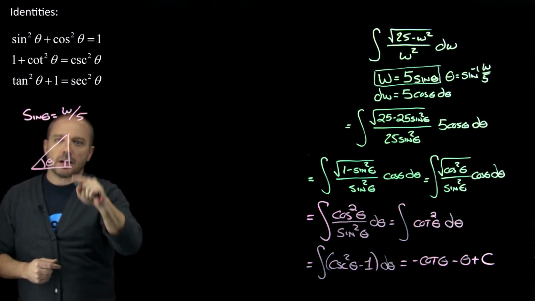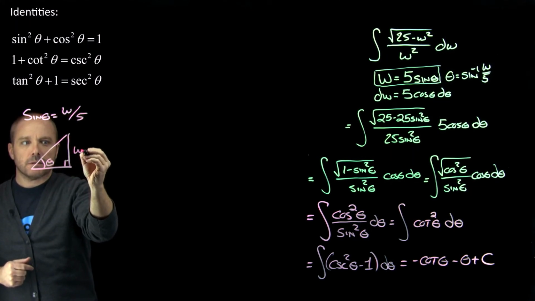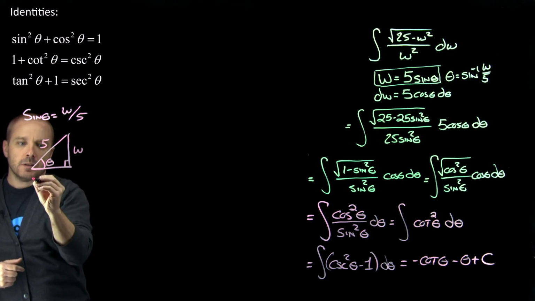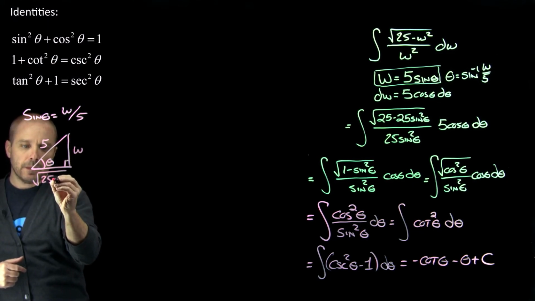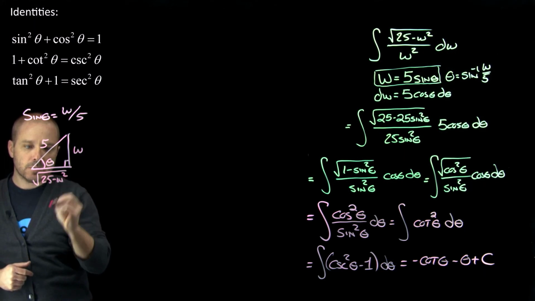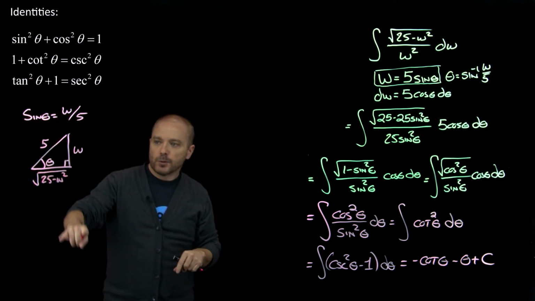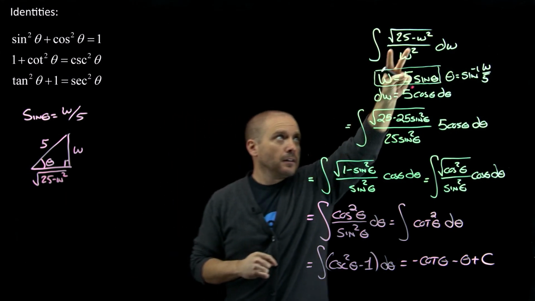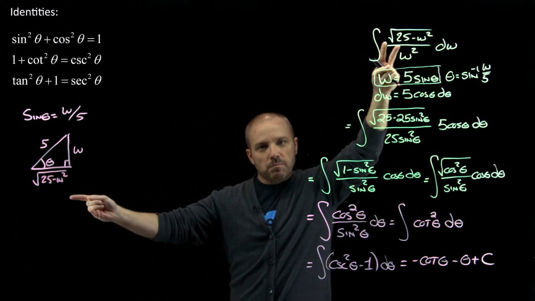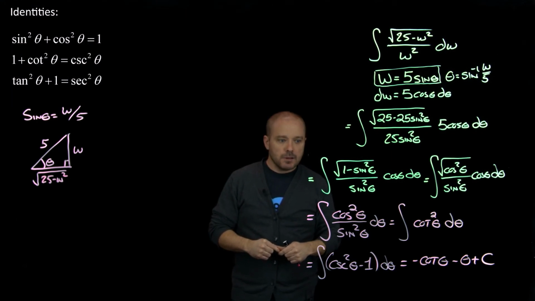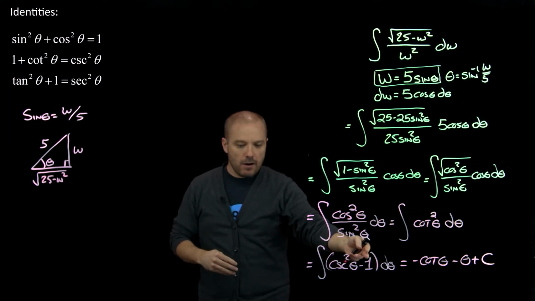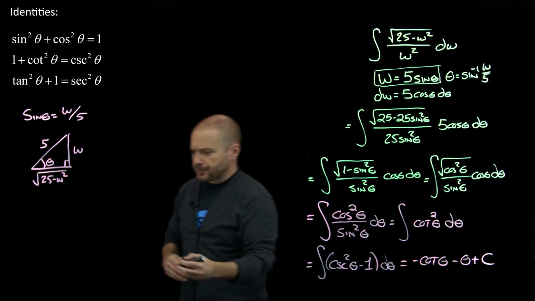Sine is opposite over hypotenuse, w over 5, which, using Pythagoras, gives the adjacent side as the square root of 25 minus w squared. Again, it's worth pointing out, notice that matches that. Again, that's not a coincidence. That'll happen every time.